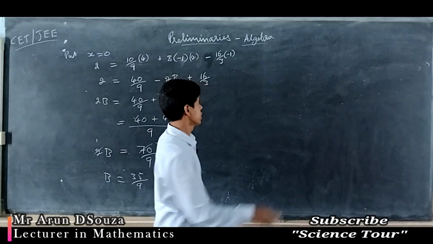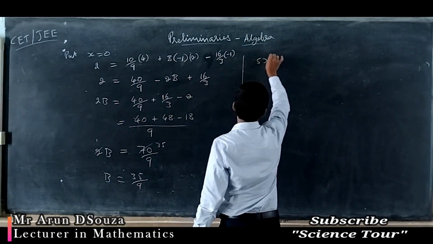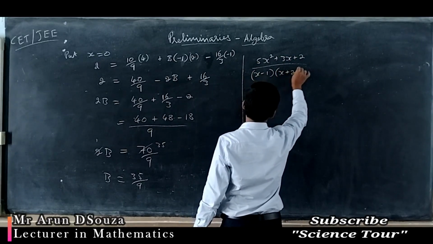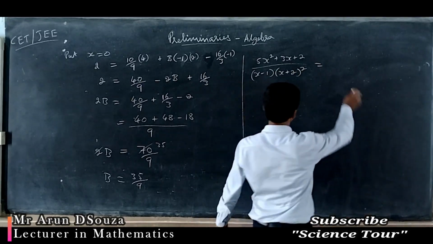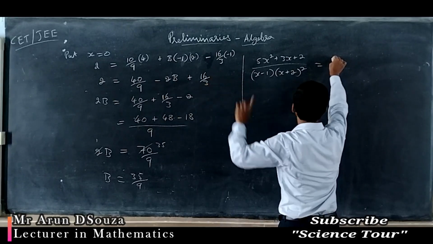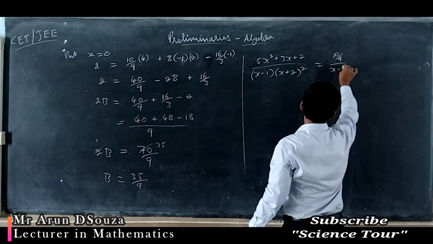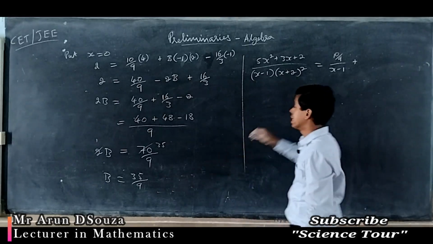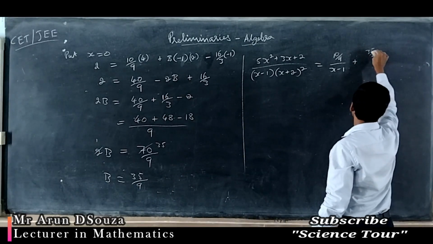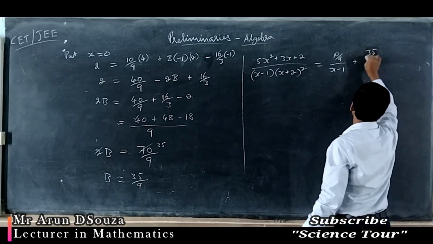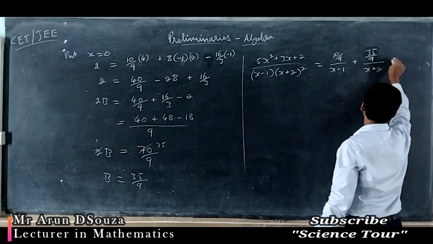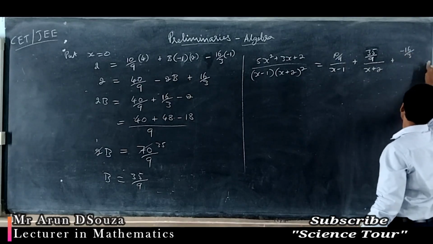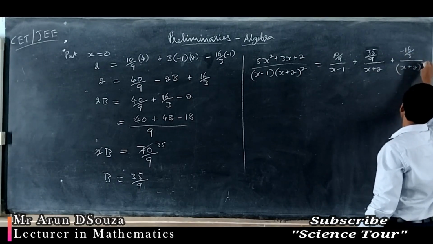Therefore, your original equation becomes 5x square 3x plus 2 divided by x minus 1 into x plus 2 whole square is equal to, first A is what, 10 by 9 divided by x minus 1 plus, now next is B, and B is what, 35 by 9 divided by x plus 2 and plus minus 16 by 3, the value of C, and with the square x plus 2 whole square.